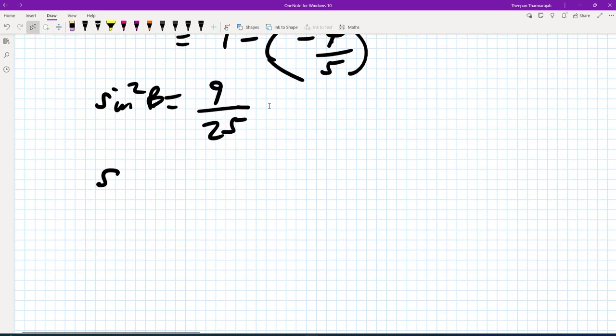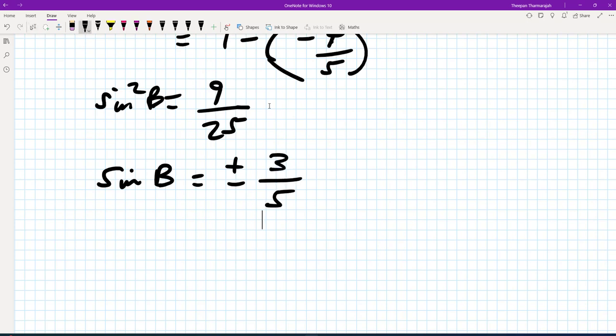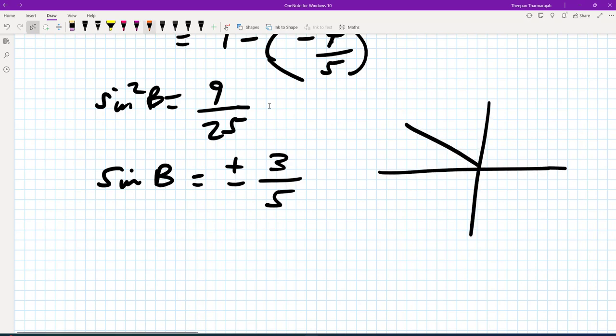So sine B is plus or minus, well, the square root of 9 is 3, square root of 25 is 5. But they've said that B is obtuse, and we said in a previous example that the obtuse angle looks like that, and sine is positive in the second quadrant.